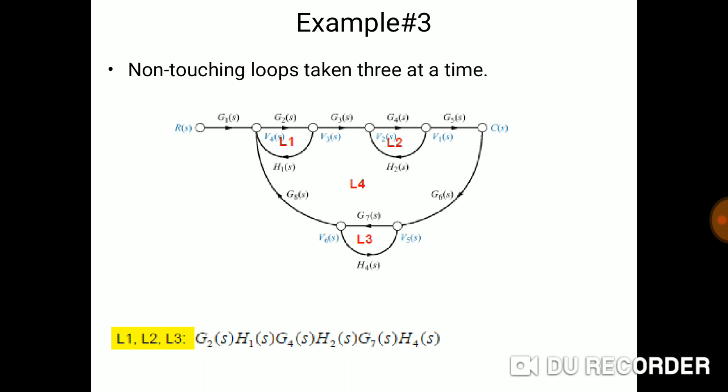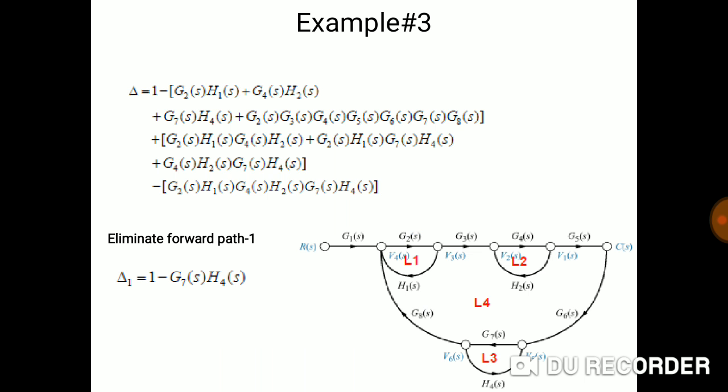Then we will write down delta, which is 1 minus, following the formula for delta. Then delta 1: for the forward path, L3 is not touching, so delta 1 is 1 minus G7(S) H4(S). It has only one forward path, so only delta 1 is there.